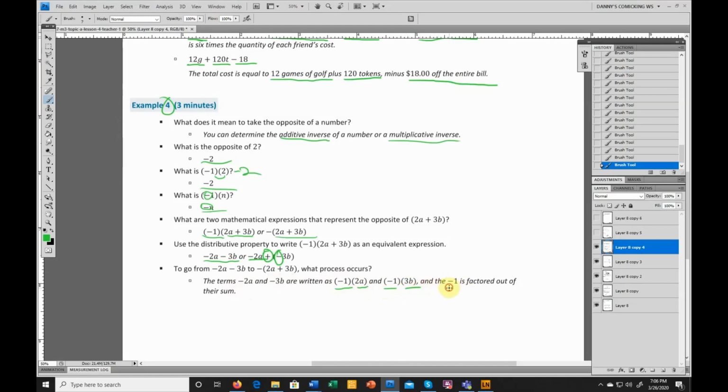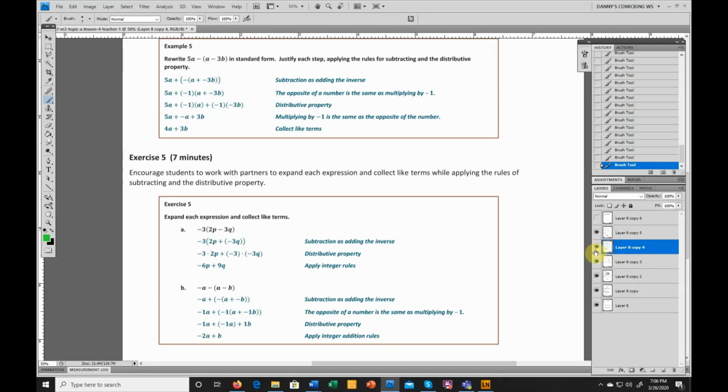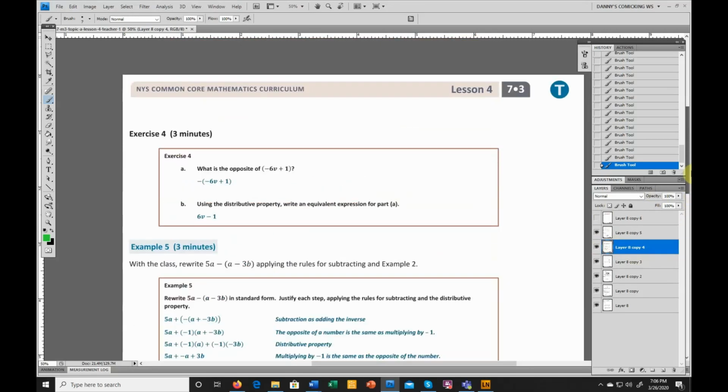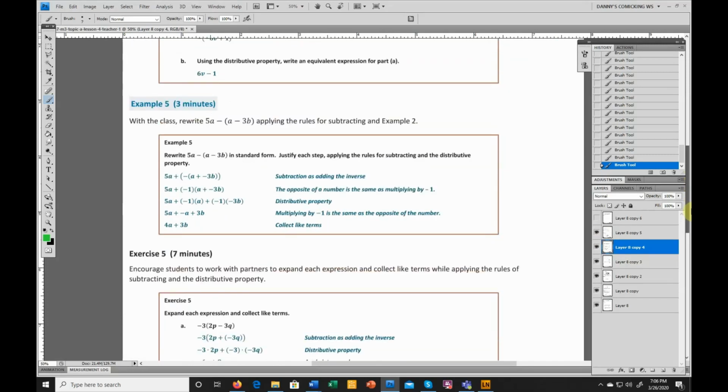And the minus 1 is factored out of the sum, meaning we drop it. And then it just becomes this. Okay, let's move on. The exercises you are going to do yourself. Let's look at example 5.